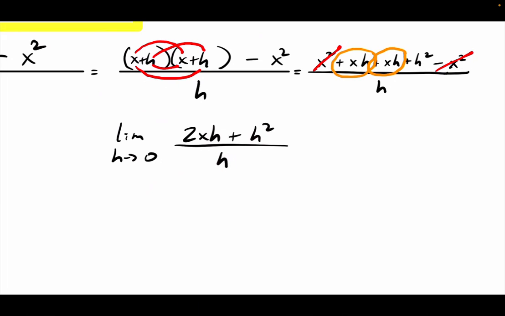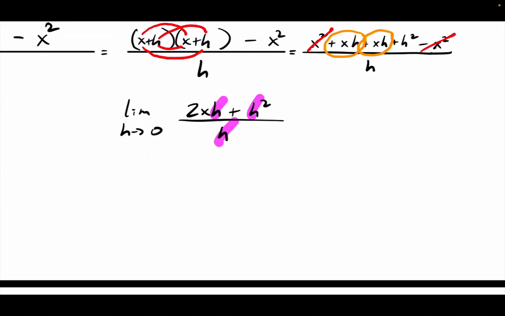Well, what do they all have in common? h. Factor out an h. So if I take away an h, that still leaves an h on top.